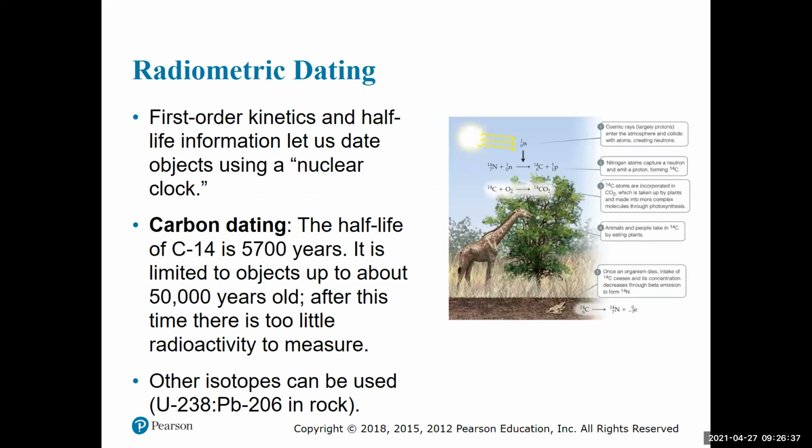Okay, this is what we were talking about before, how they do the dating thing. And this is, as we just saw, carbon-14, 5,700 years. It's limited, you can only do 50,000 years old, because apparently if it's older than that, the signal's too low.